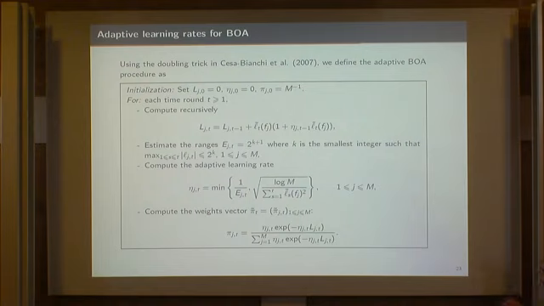And so the algorithm is like this one. You start with a cumulative loss at 0, you start with learning rate at 0, and then for the weights, you put uniform weights on all your experts. I have M experts. And then at each time round, I compute the cumulative losses.